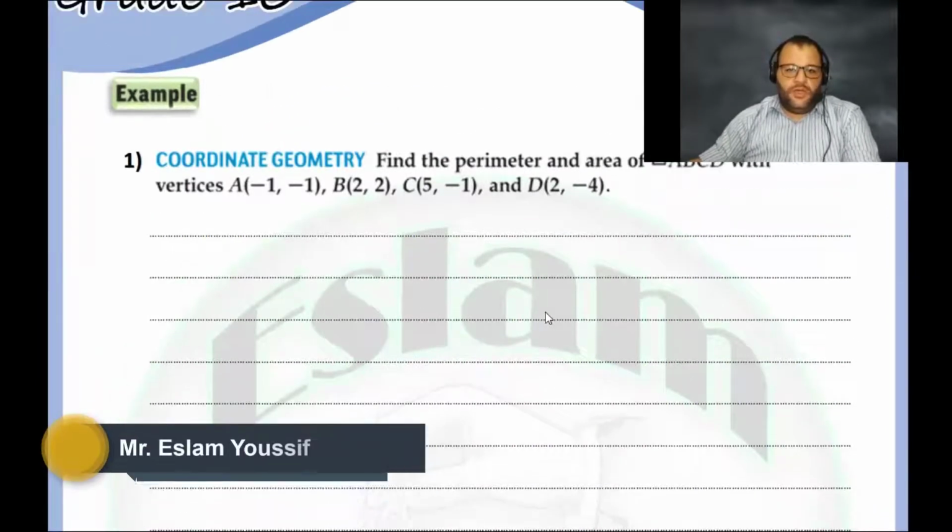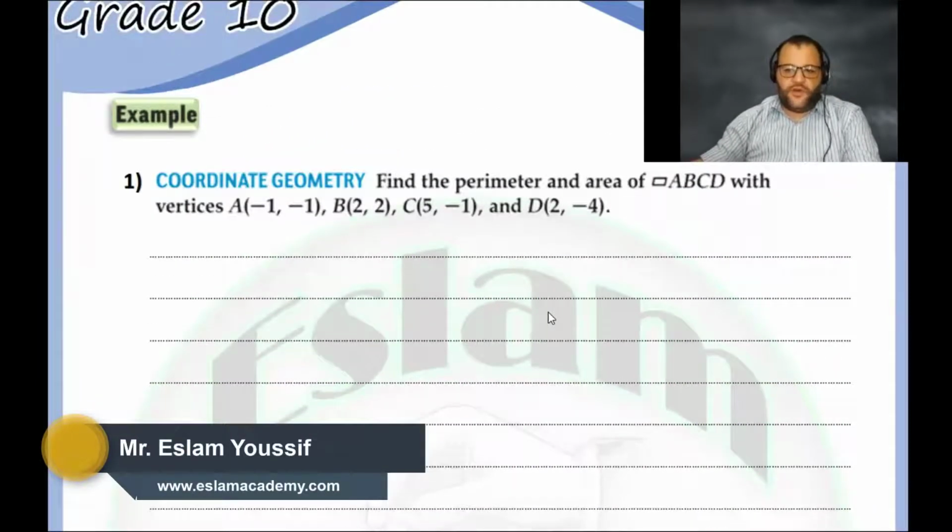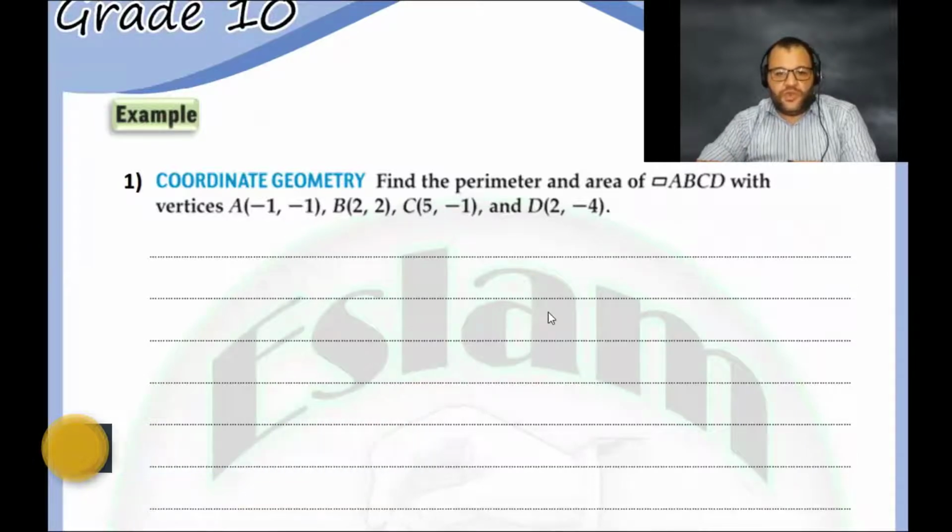So if you look at the question that we have now: find the area and the perimeter of ABCD with the vertices A(-1, -1), B(2, 2), C(5, -1), D(2, -4). You remember the distance formula?